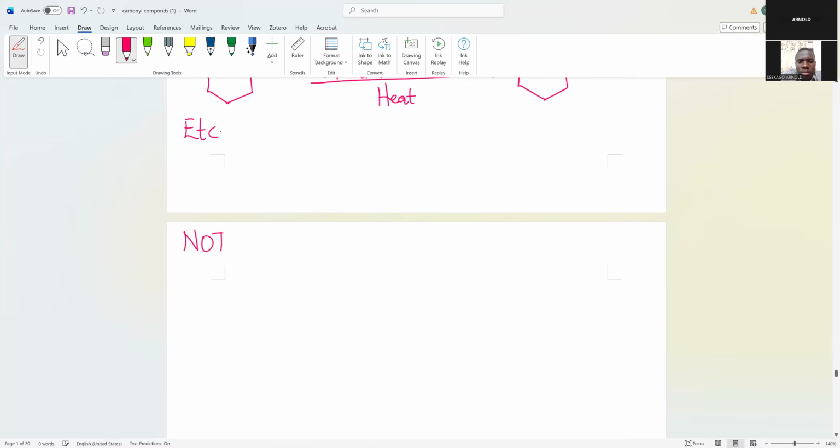Note, I have said, once we say acidified here, I mean something acidified with dilute sulfuric acid.